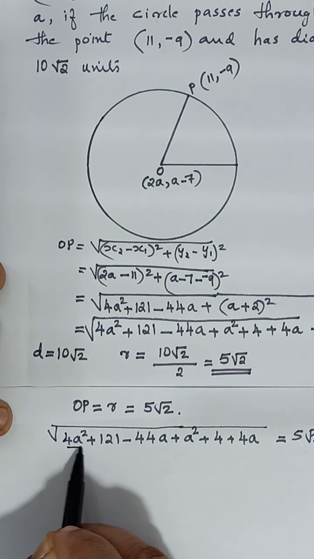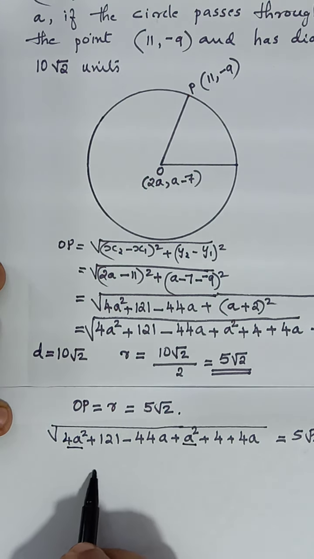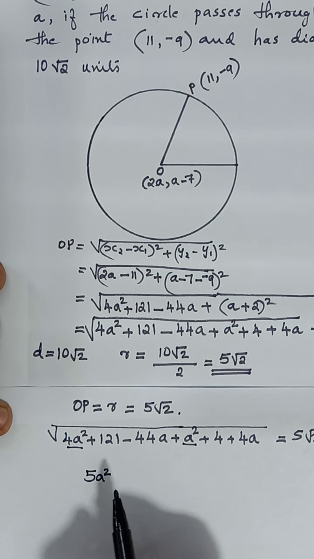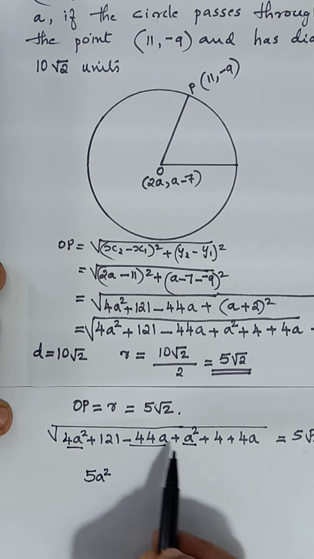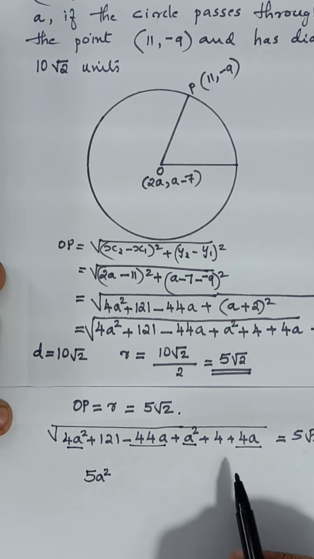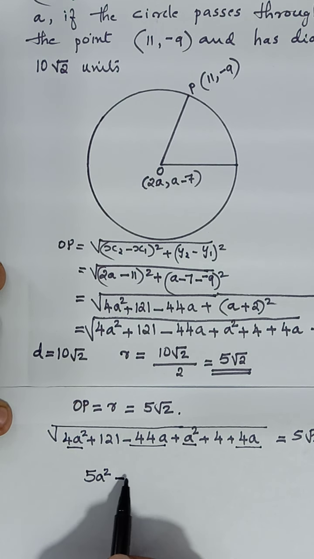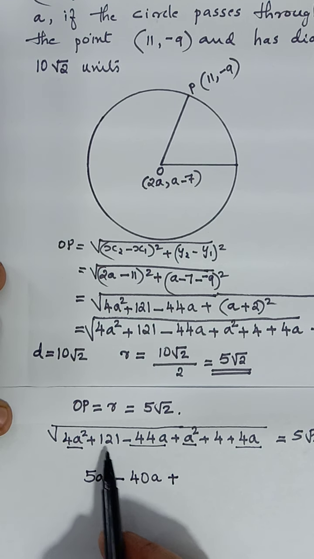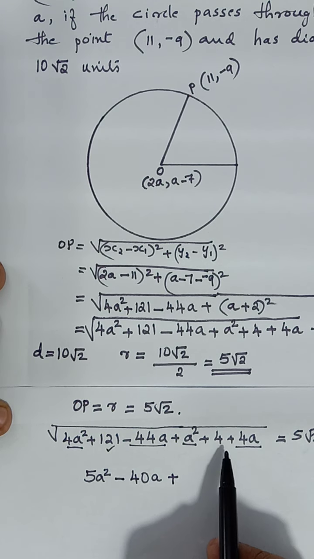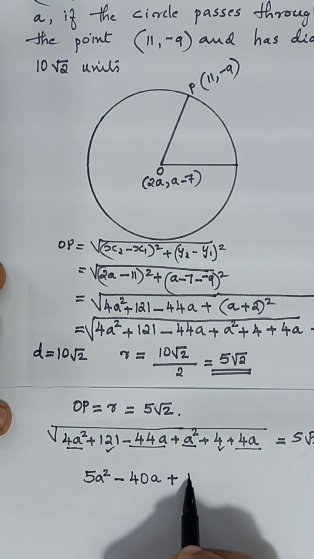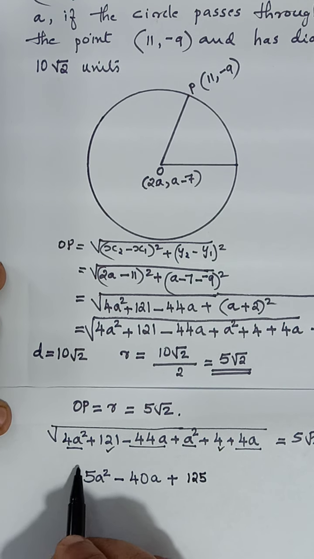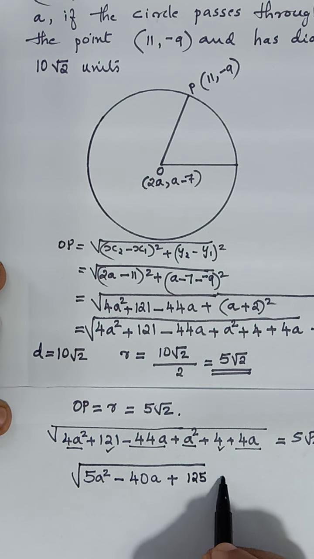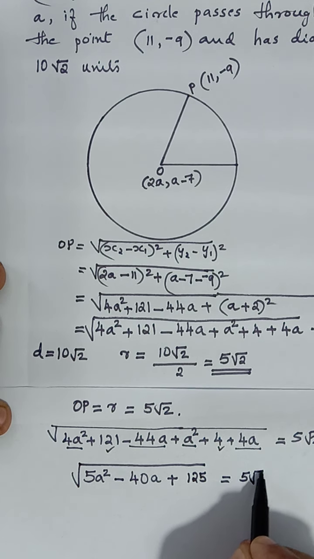So we can simplify this. 4a square plus a square is 5a square, negative 44a plus 4a is minus 40a, plus 121 plus 4, 125. It comes under the root. This is equal to 5 root 2.